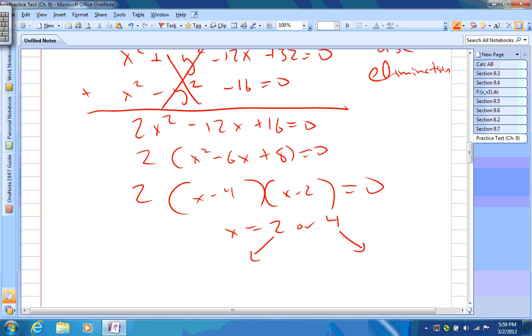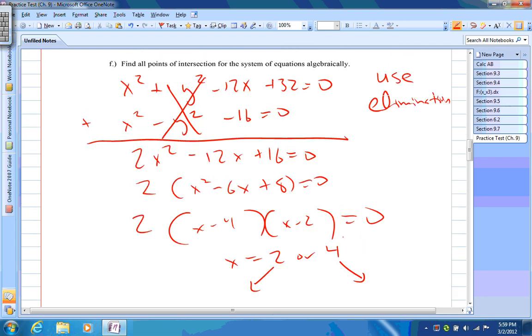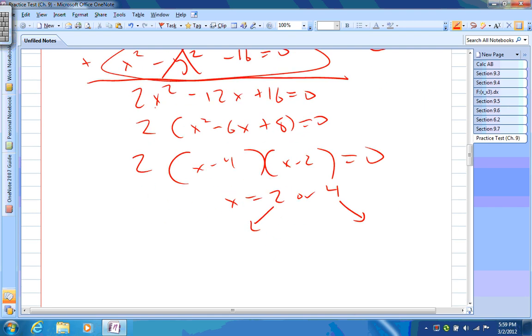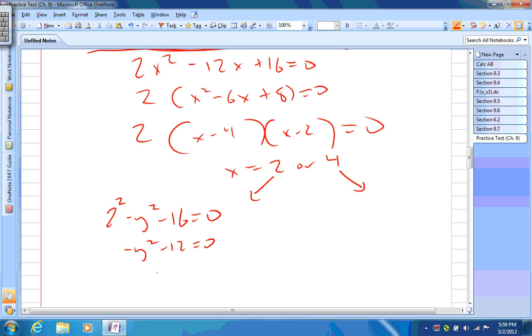But just to prove it, let's plug back into that equation. So 2 squared minus y squared minus 16 equals 0. Negative y squared minus 12 equals 0. So negative 12 equals y squared, which will result in an imaginary answer.